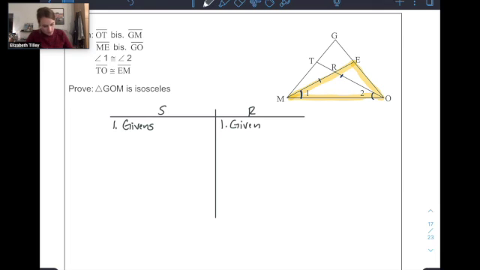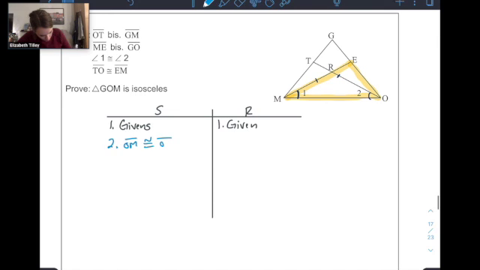Okay, here's what we got. I could prove these two overlapping triangles, EMO and TOM, if I have one more piece of information. I have a segment, an angle at the corner here, and I need this overlapping side. I could prove that congruent. So I could start this and say OM is congruent to OM by the reflexive property.